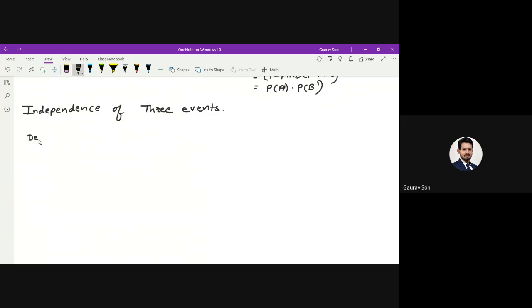The first definition talks about mutual independence of three events A, B, C, which is also called the complete independence of the three events A, B, C, defined on a sample space sigma.